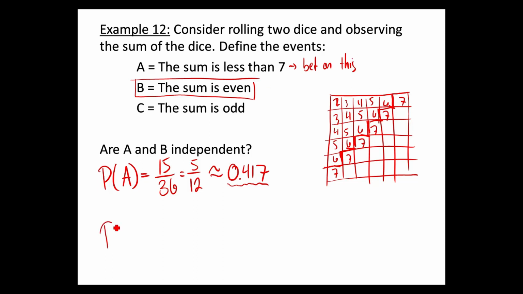So what's the probability of A given B? Okay, so you're looking at the even ones, right? So there's 1, 2, 3, 4, 5, 6, 7, 8, 9 ways to do that. But how many do you have to pick from?